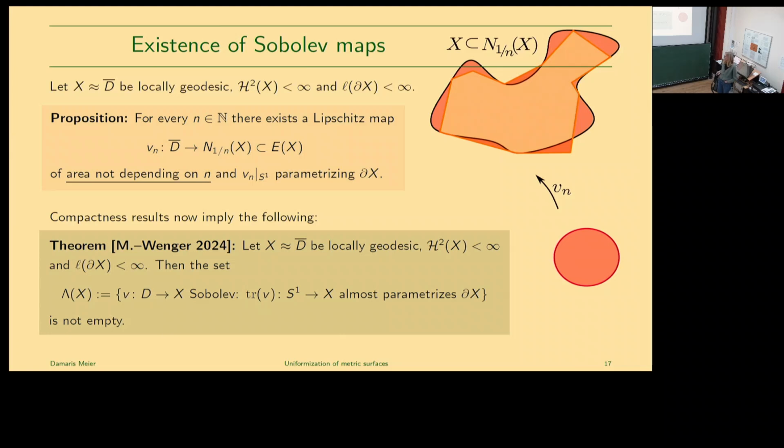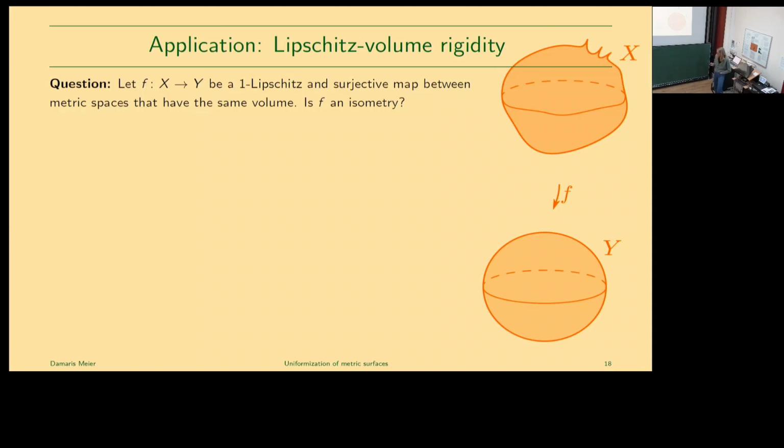Okay. So this application, the question is the following. We are given a map between metric spaces of the same volume, and the map is 1-Lipschitz and surjective. We want to know, does it upgrade to being an isometry? In some sense you have the same volume, but then you have a 1-Lipschitz map.